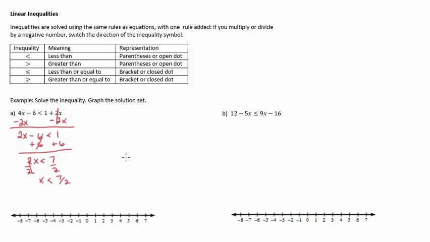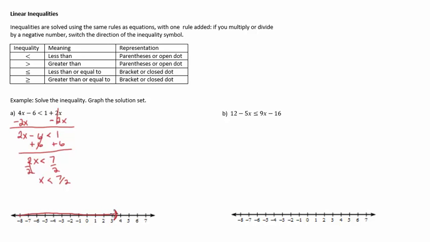The book that I'm using, or that we use at UCO, has a parentheses or a bracket instead of an open circle or a closed circle. And so because it's not equal to, we do a parentheses at 7/2, and then we draw to the left.